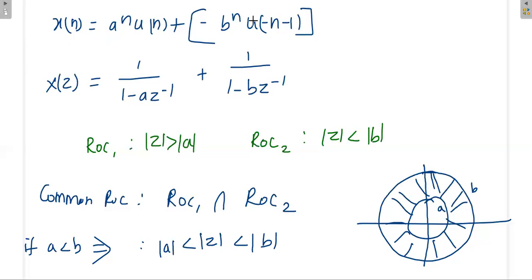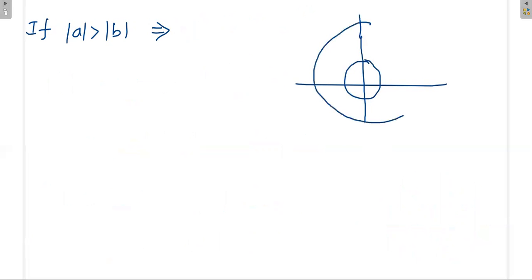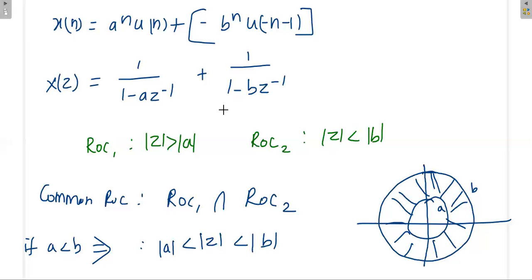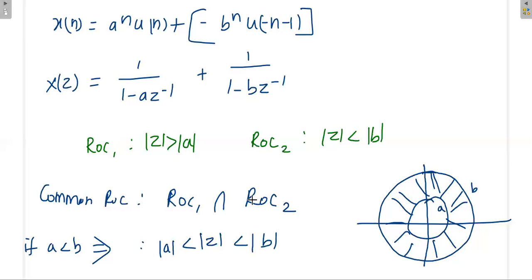If mod a is greater than mod b, the a circle is here and the b circle will be somewhere inside. What is the ROC telling here? Mod z greater than mod a, and mod z less than mod b.